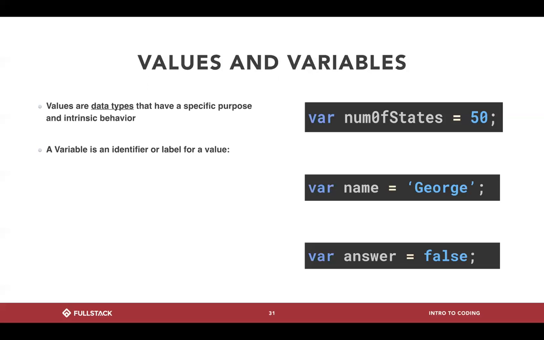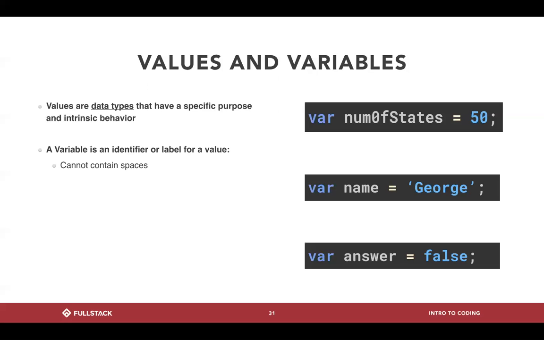So later in my program, when I want to look up what is the value of num of states, because I've set num of states here equal to 50, num of states will show a value of 50. Same thing with name. If I look up what's the value of name, it will be George. And finally, we have answer at the bottom.